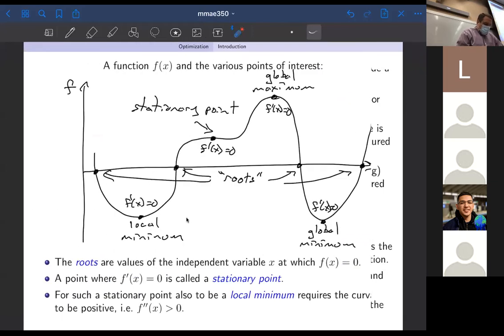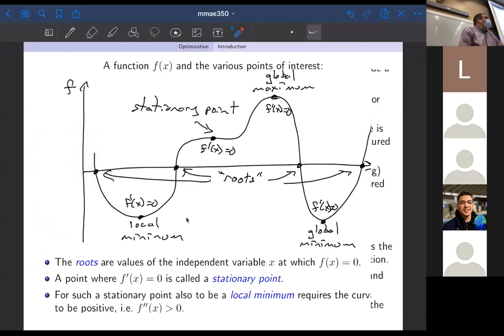Now, in a calculus sense, there's no way to determine which minimum in this case is global or local. I'd have to actually check the value. I'd have to see, well, what is the value of f of x here versus f of x here? Well, this one's lower. They're both minimums, but this one's lower, so it's a global. But I don't necessarily know what's going on for the rest of the function.